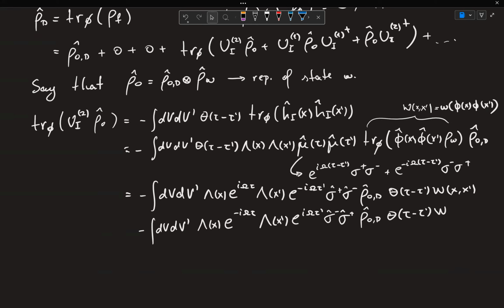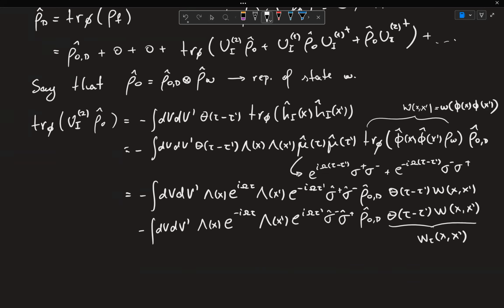Now, if you remember yesterday, we defined this quantity here as being the w tau. This is w tau of x prime. So basically now the operator part that is in the qubit space, which corresponds to this term here and to this term here, they leave the integral completely.